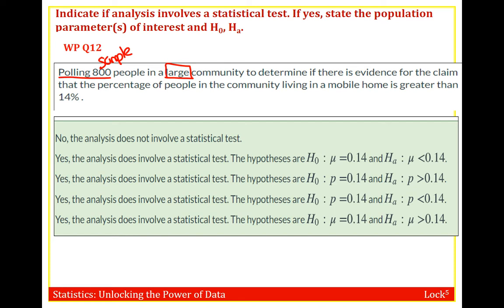So first of all, let's look at H sub O. We want H sub O to be equal to 14%, and 14% is never an average. It's always a proportion. So I'm looking for proportional values, and I want my alternate statement to be greater.